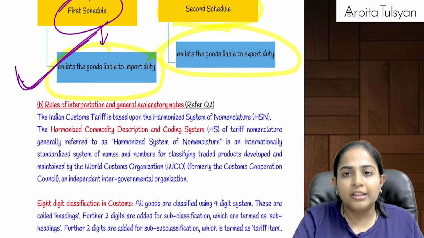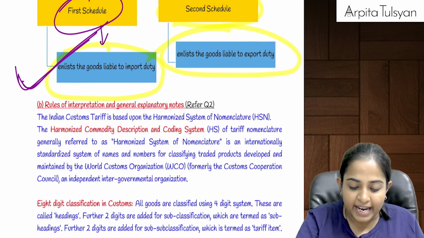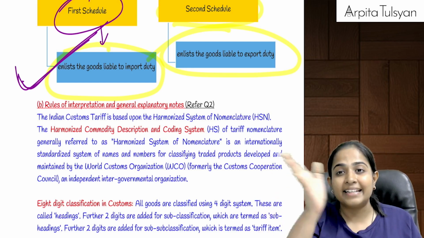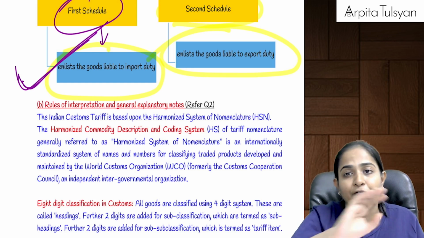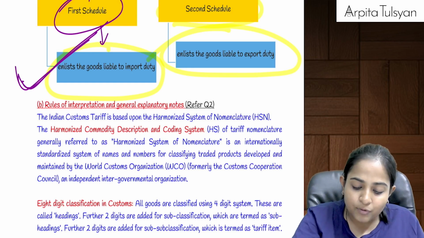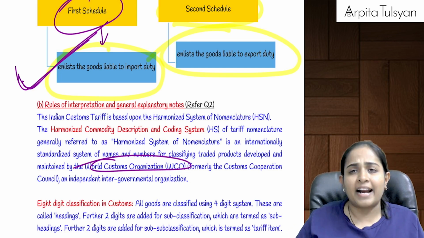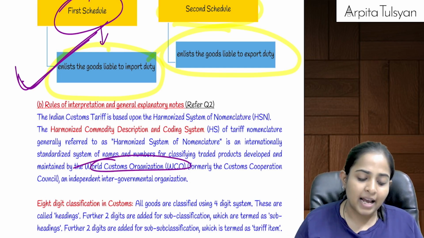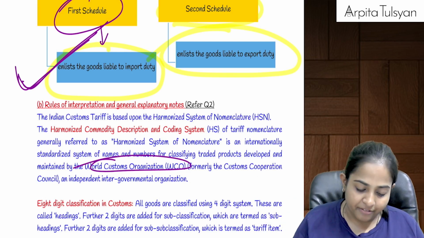Now the HSN method by which the classification is done is an international standardized system, valid not only for India but for the entire world, because it is maintained by the World Customs Organization. They tried to keep uniformity in this HSN, so it has to be adopted by everyone.